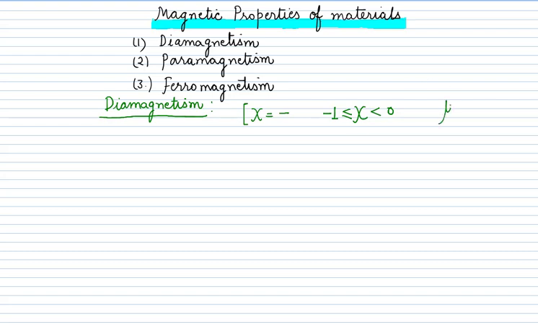And the relative permeability will always be less than 1 and greater than or equal to 0. And mu is always less than mu naught because Xi has a negative value.